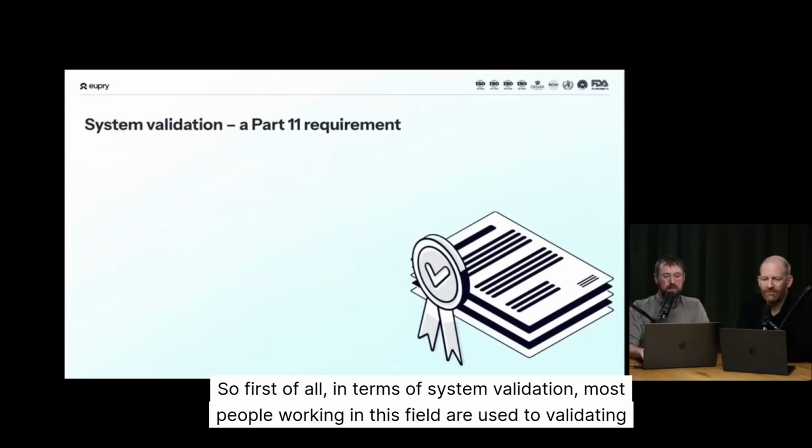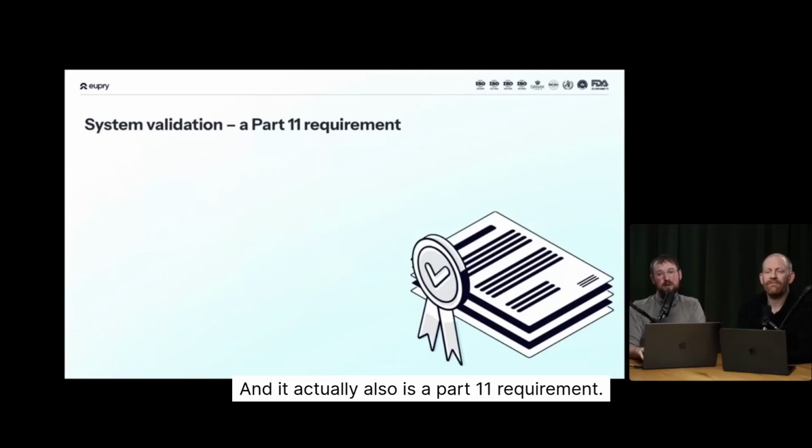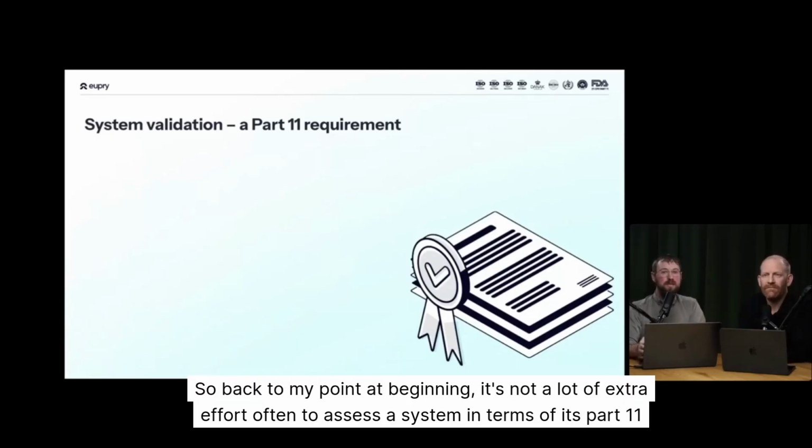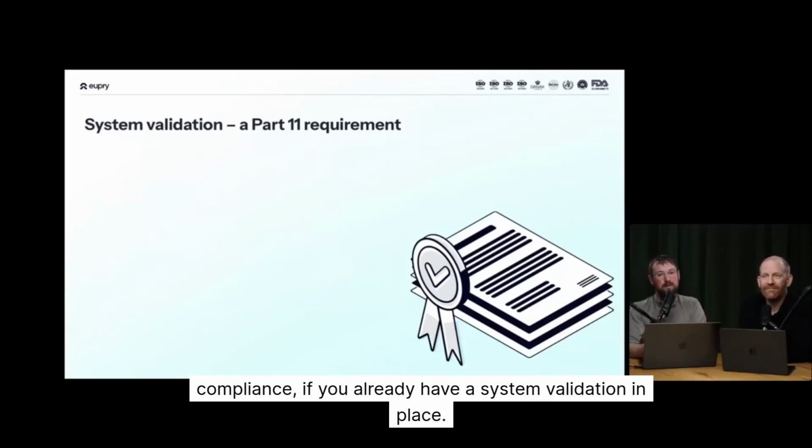In terms of system validation, most people working in this field are used to validating systems, and it is actually also a Part 11 requirement. So back to my point at the beginning, it's often not a lot of extra effort to assess a system in terms of its Part 11 compliance if you already have a system validation in place.